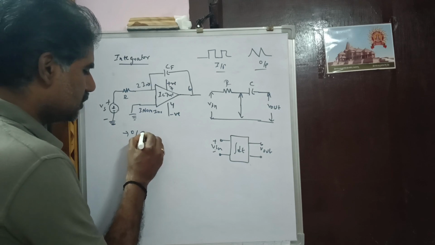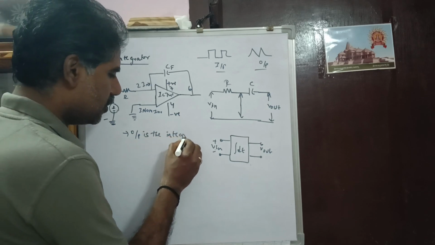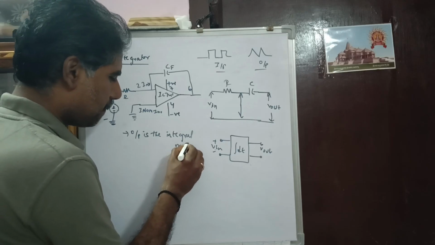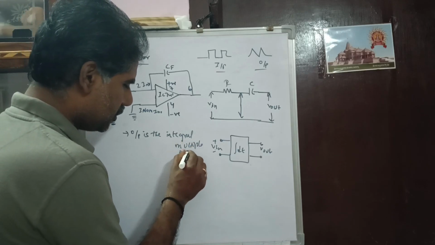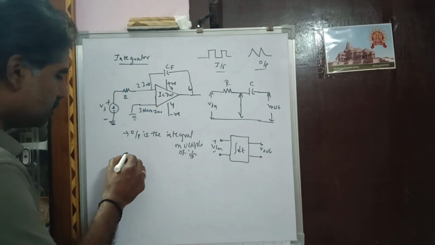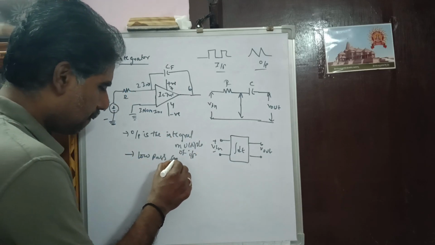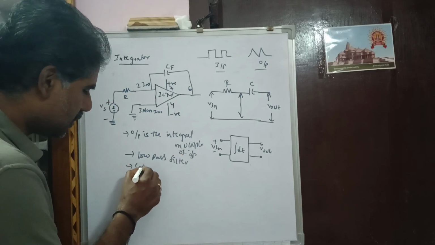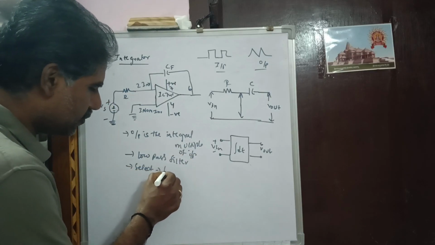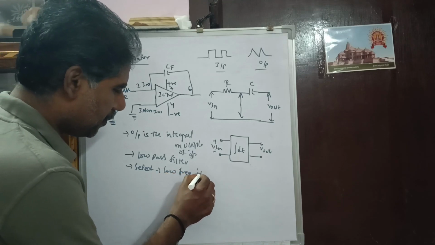Output is the integral multiple of input. It is also known as a low pass filter. It is used to select the components for a low frequency input signal.